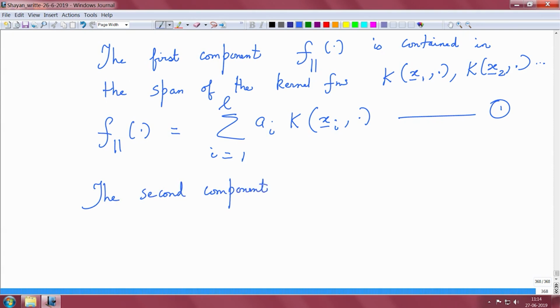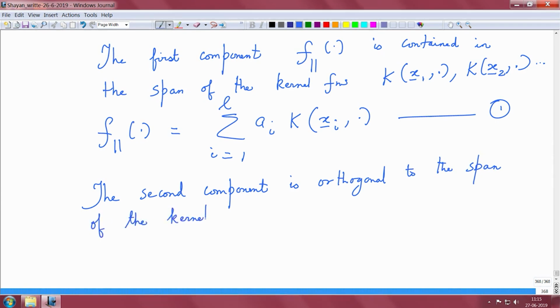The second component is orthogonal to the span of the kernel functions.